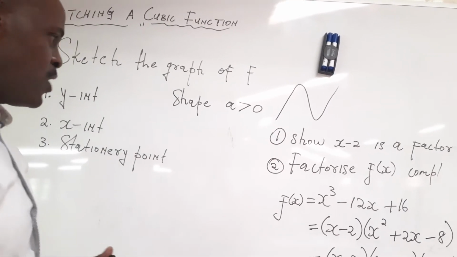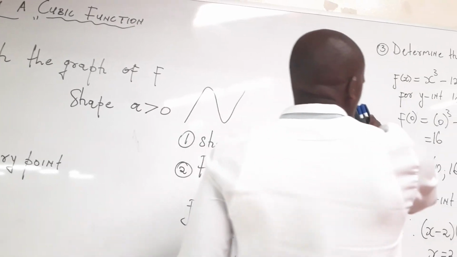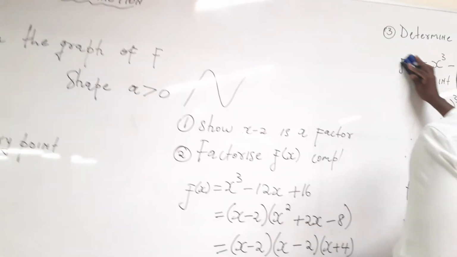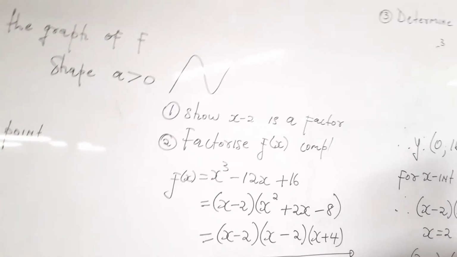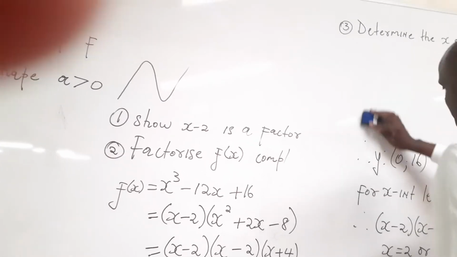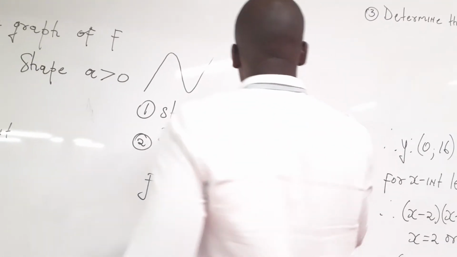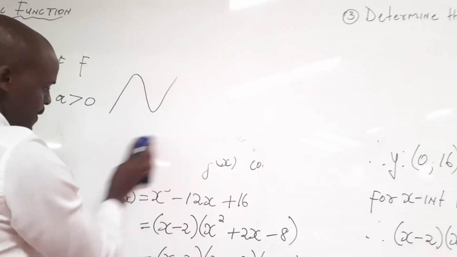So let us sketch our graph. For us to sketch a graph, remember we need those points. We do not have the stationary point yet here. So let's find the stationary point.